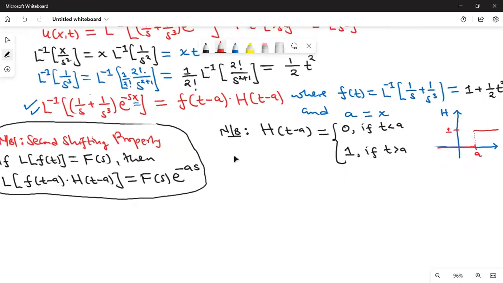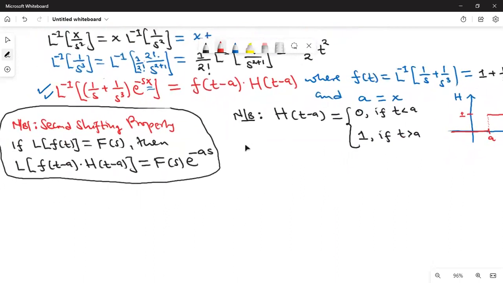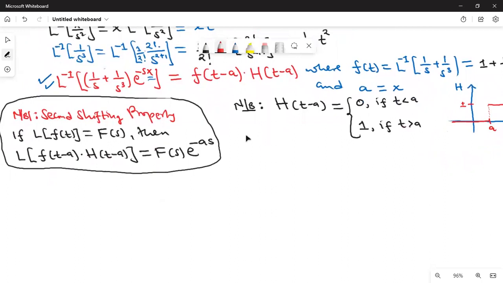Now, back to our inverse transform. We are saying a is equal to x. So therefore, I'm working out this.